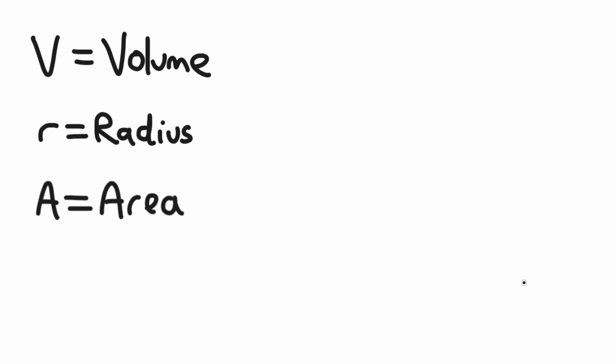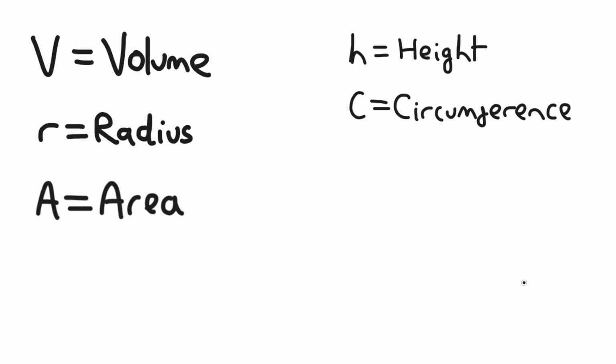You can really assign them whatever you want, but commonly volume is given with a capital V, radius is given with a little r, and area is given with a capital A. These are the three most common, but I've also seen height with a small h, circumference with a big C, and population with a capital P. Again, the letters you use don't matter unless they specifically say in the question which ones they want you to use, which is quite often the case, but in other cases you can just use whatever letters you want if they're not assigned to you.